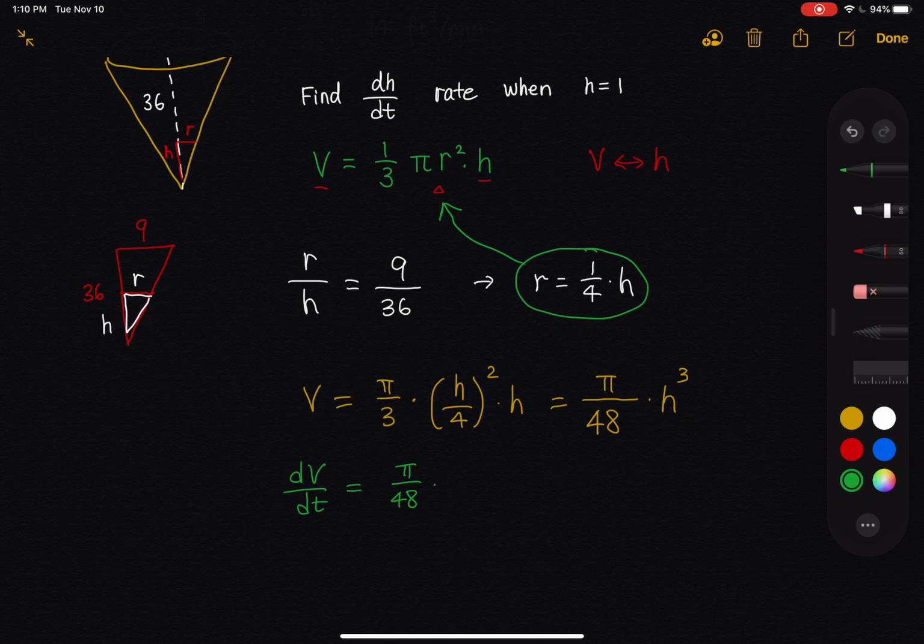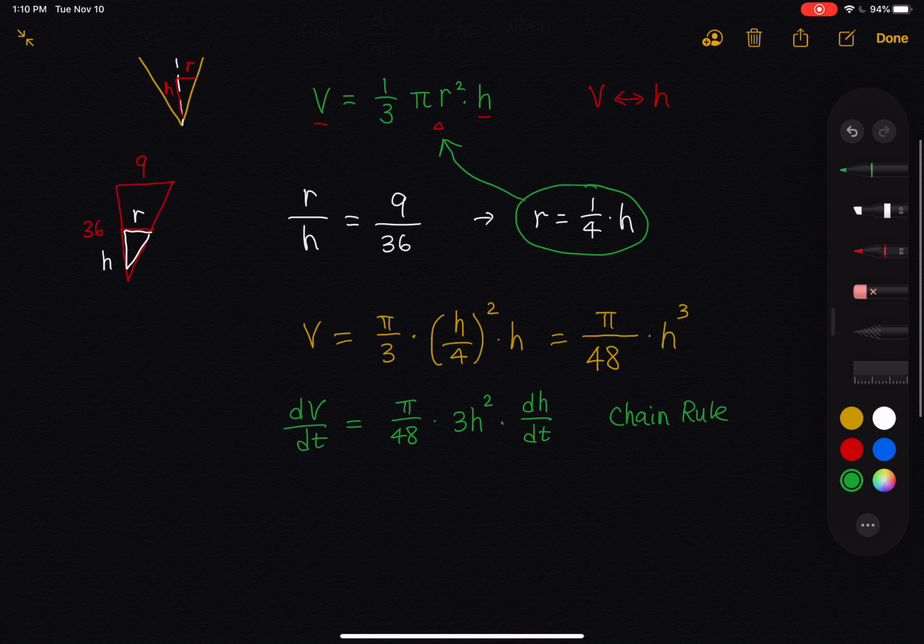But when we take the derivative of h cubed with respect to time, we get 3h squared, that is the outer function. And the inner function is h, so we get dh over dt. All this is because of the chain rule, because h is a function of time, h changes with respect to time.